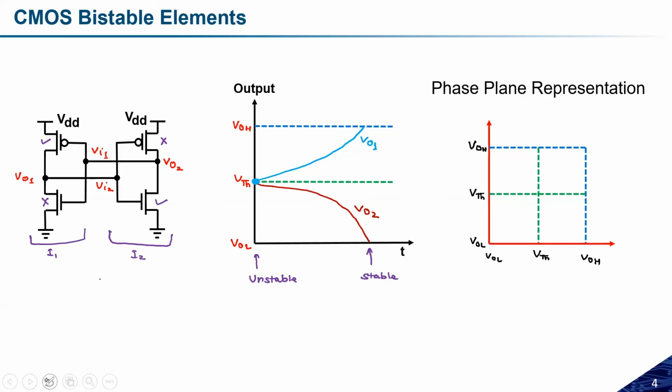If you see this point, this is the stable point which we are calling. But if I change the input towards this particular side, then one of the nodes will become stable, and it will move towards the VOH.